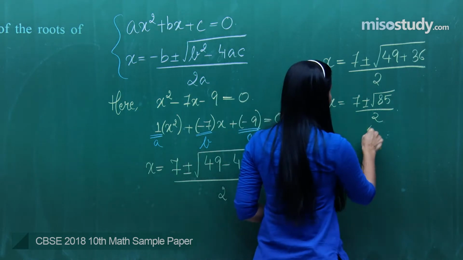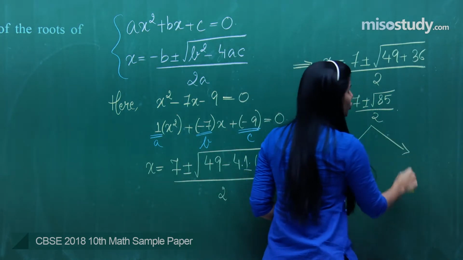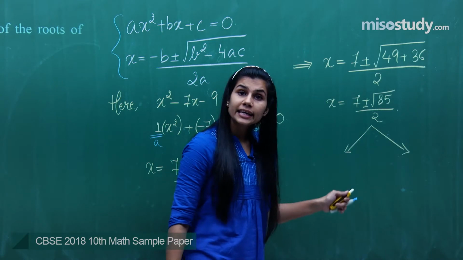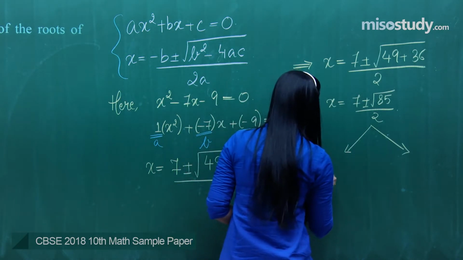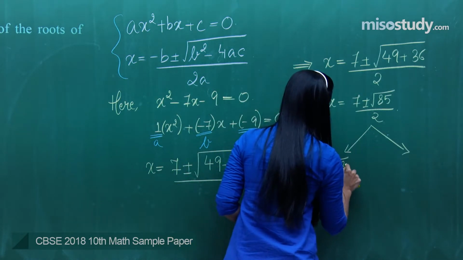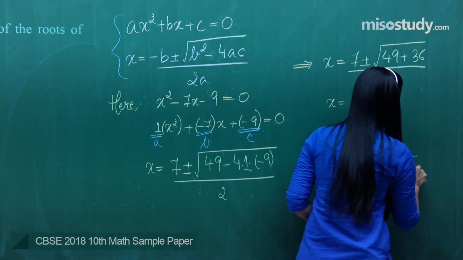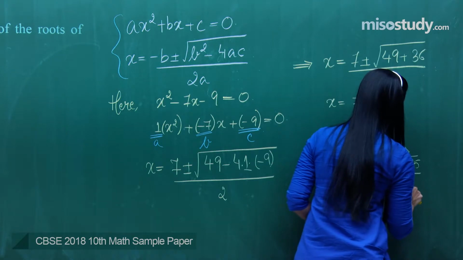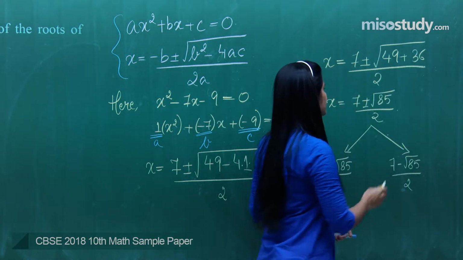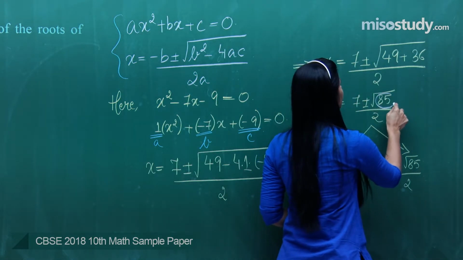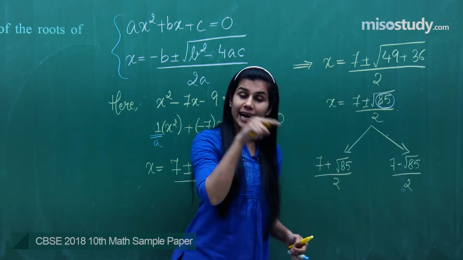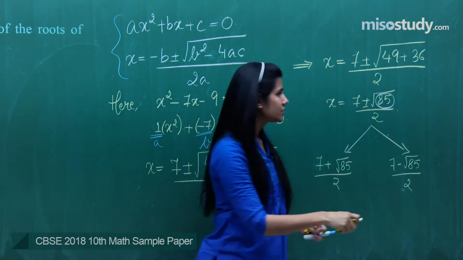That means over here you're getting two unequal real roots. The first real root is 7 plus root 85 upon 2, and the next one is 7 minus root 85 upon 2, because the discriminant, whatever is sitting inside the under root, is your discriminant.